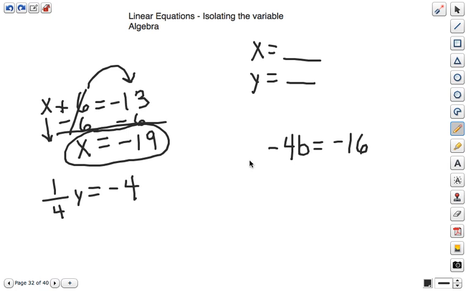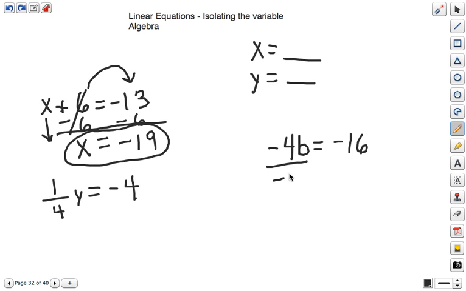Next one we're going to look at: negative 4b equals negative 16. Okay, so here we want to get b by itself. So to do that, we're going to divide by the coefficient of b. Because right now it's 4 times b, the opposite of that is going to be dividing.